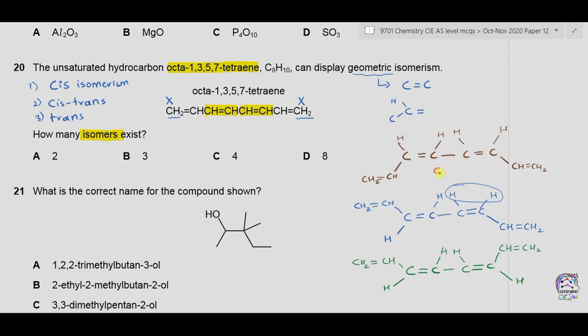So we can write cis, cis, as same atoms are on the same side. We can write trans, cis, or the other way around we can say cis trans. For third one we can say trans trans. So therefore option B is correct.